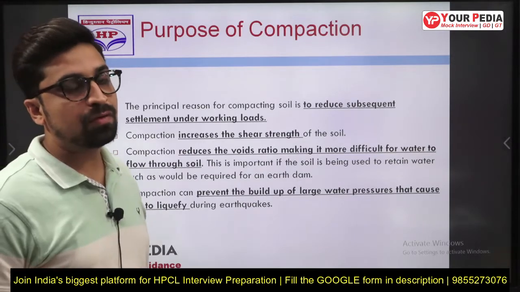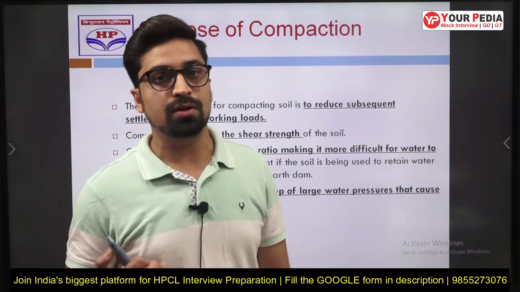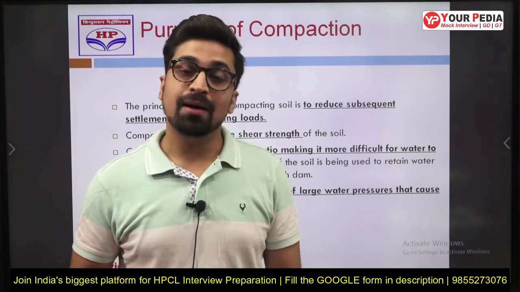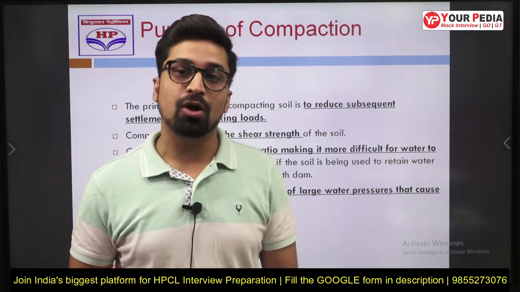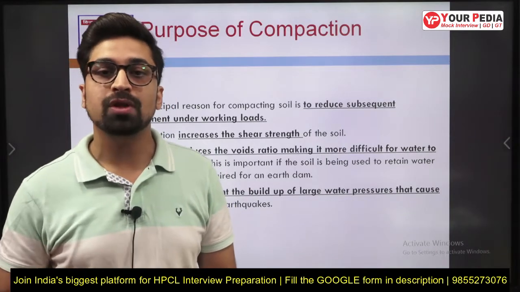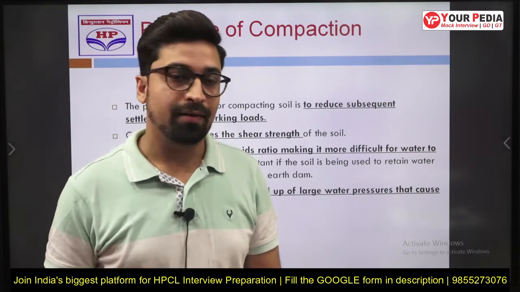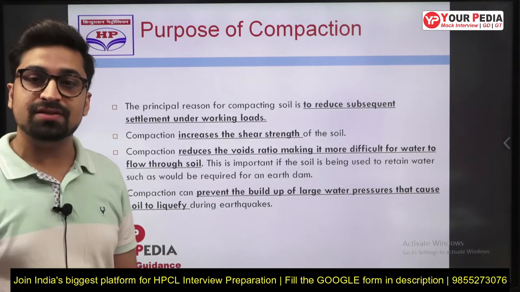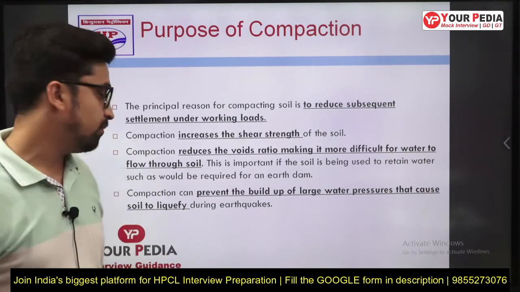The main purpose of an earthen dam is to hold the water. If the soil of the earthen dam has many pores then the water will percolate through it, so the purpose of the dam will fail. So compaction is necessary in order to build an earthen dam.